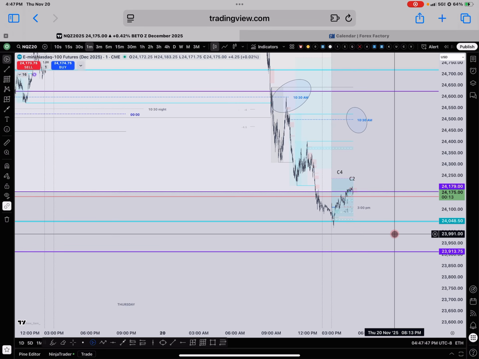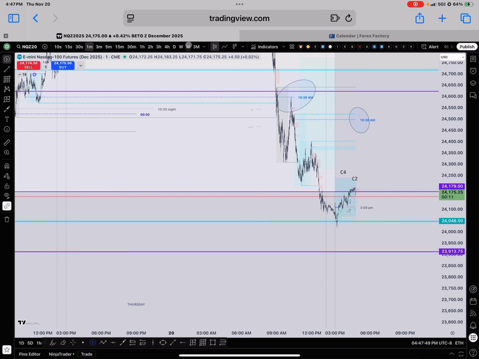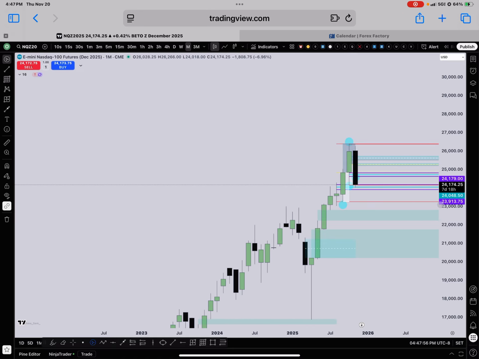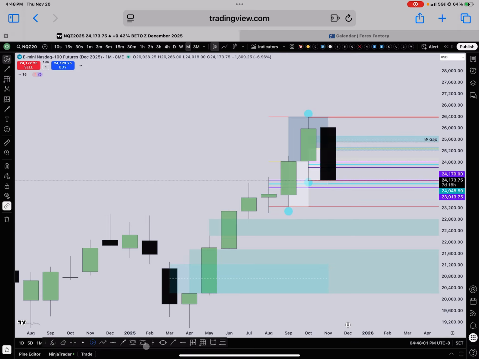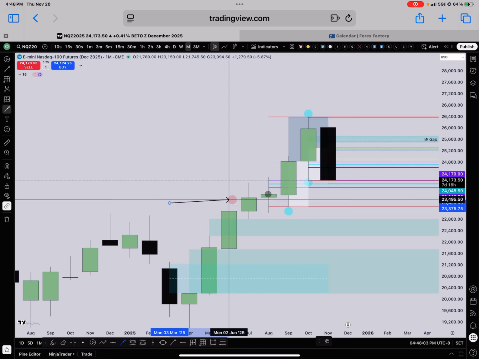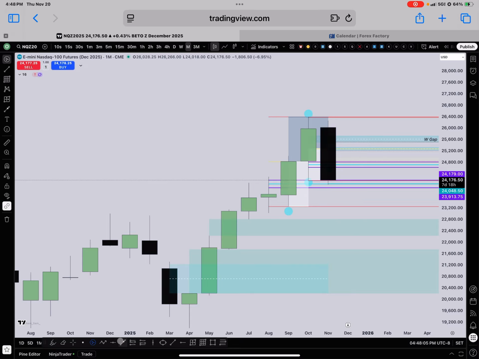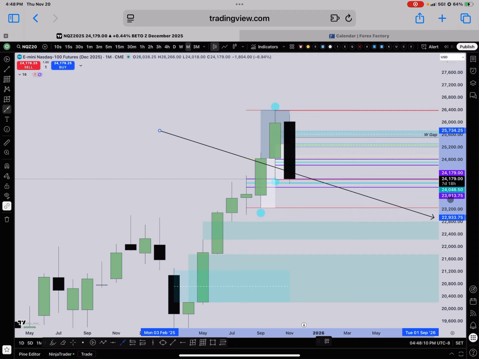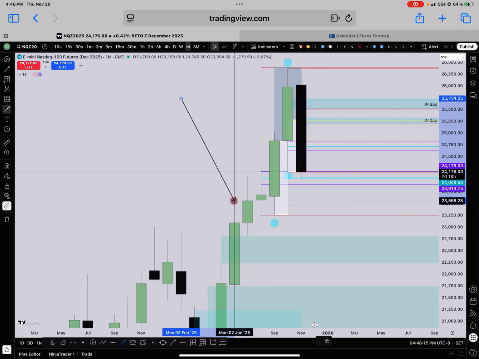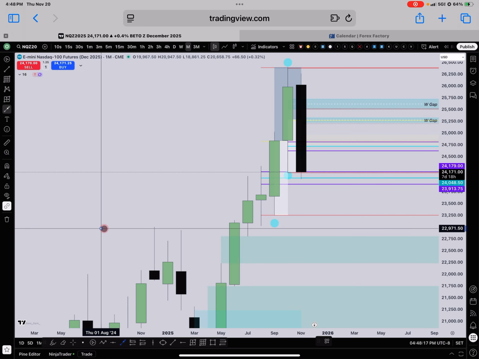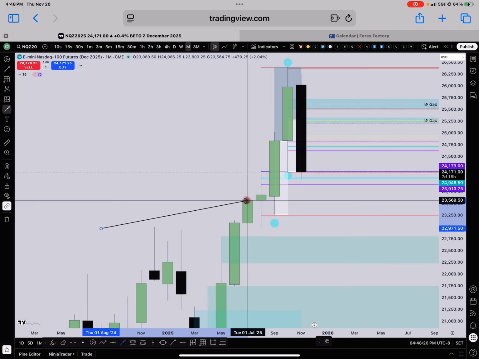Unexpectedly, we did take down the monthly October liquidity. This is the October liquidity, and that is the October liquidity. So we took down the liquidity, and from watching price action quite a lot, I'm fascinated when you have this body trap on the previous candle.